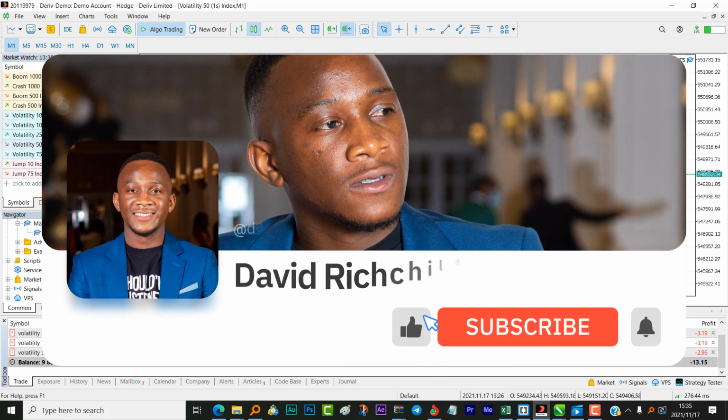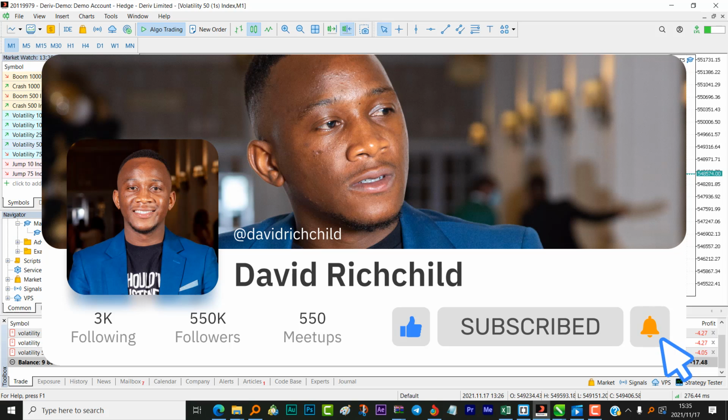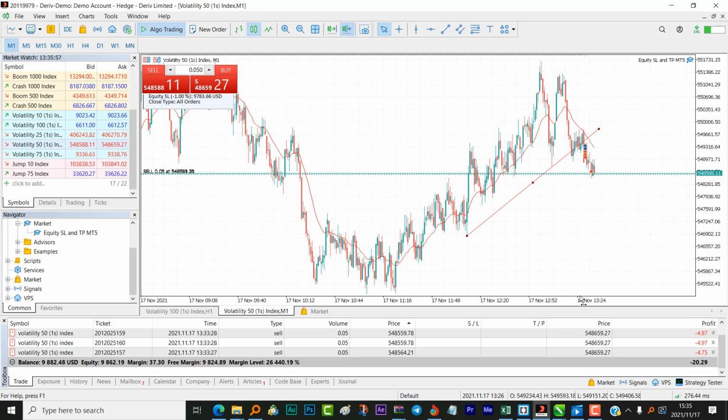So guys, this is not gambling. I might have placed that trade as a gamble right now because I'm demonstrating, but there is actually some technical analysis put into place for you to be able to decide if it's a sell or a buy.